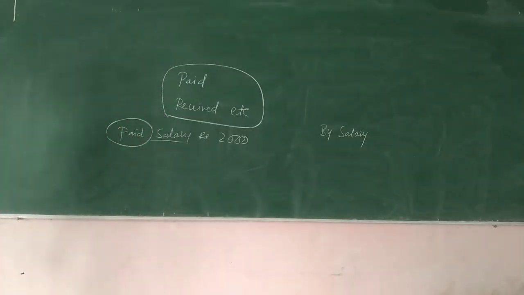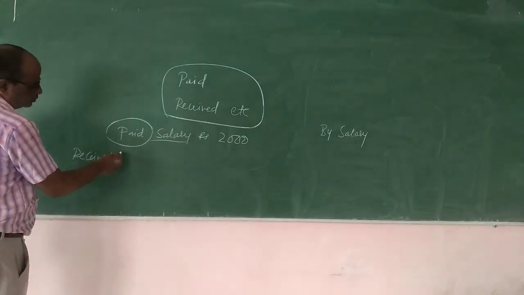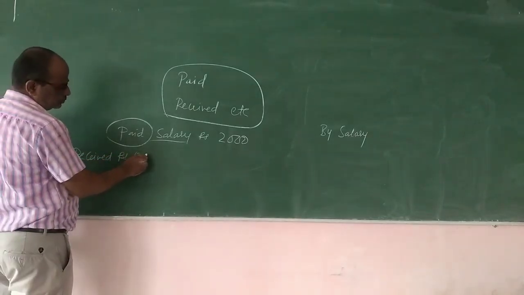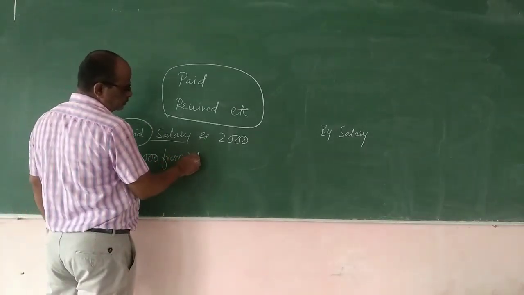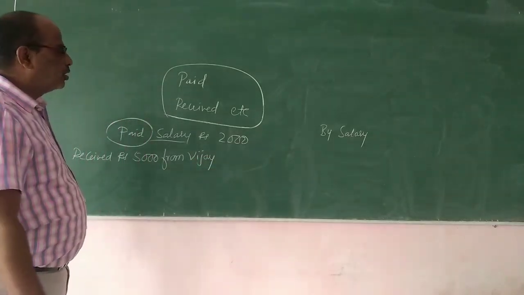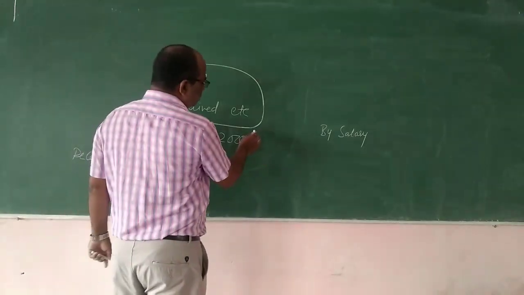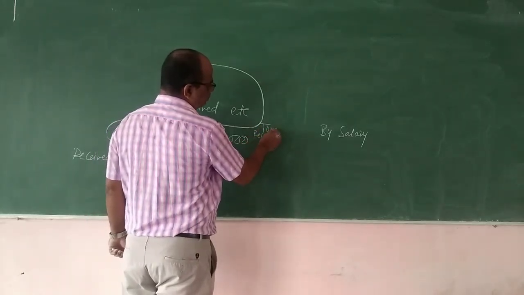And similarly, received rupees 5000 from Vijay. Don't show on the receipt side received. Show to Vijay account.